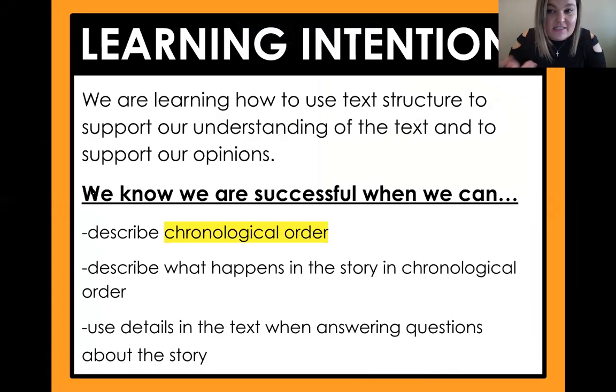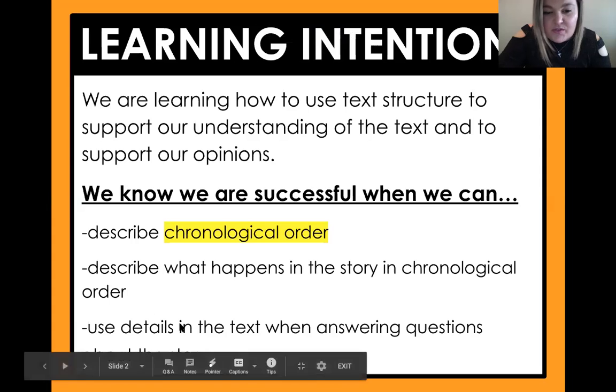We know we are successful today when we can describe chronological order. Try and say that with me. Chronological order. Then we have to describe what happens in the story in chronological order. Then we're going to use details in the text when answering questions about the story.